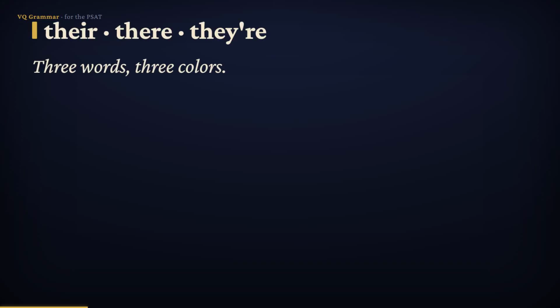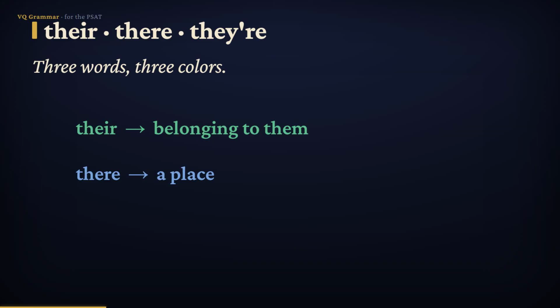Now the famous three-way. There, their, and they're. Their, T-H-E-I-R, is possessive. It shows belonging to them. Their bikes are locked. There, T-H-E-R-E, points to a place, just like here is inside it.